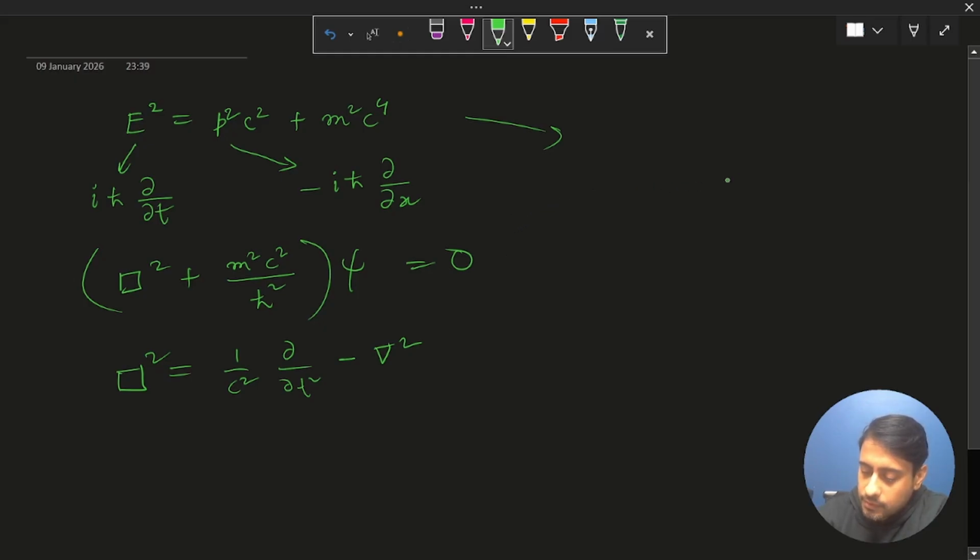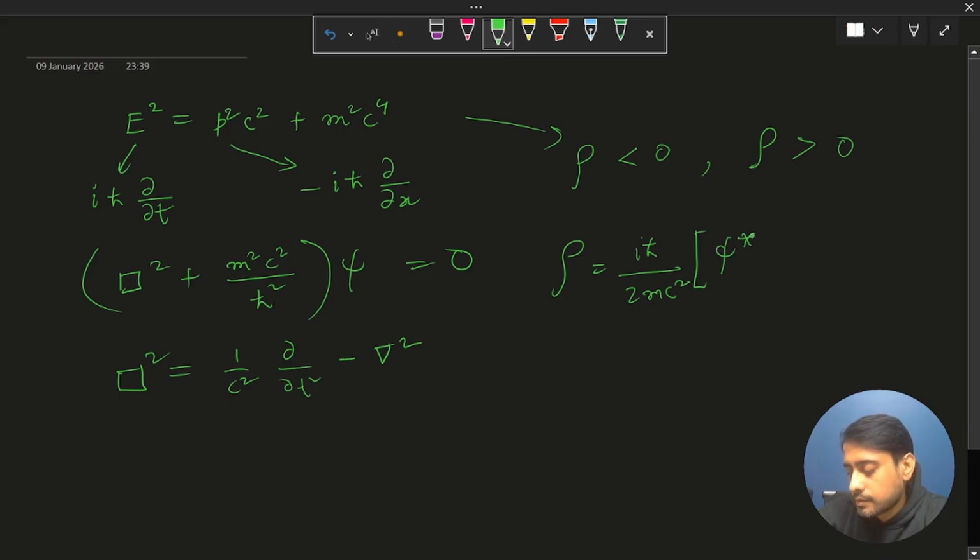But when we try to find the probability density, this was both negative and positive, because it contained terms like, let me write the expression from the previous lecture, i h bar over 2mc squared, psi conjugate del psi over del t minus psi del psi conjugate over del t.